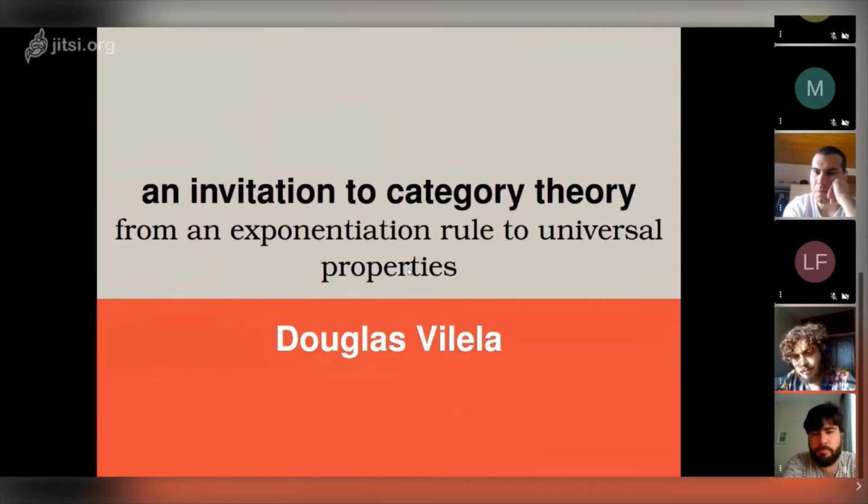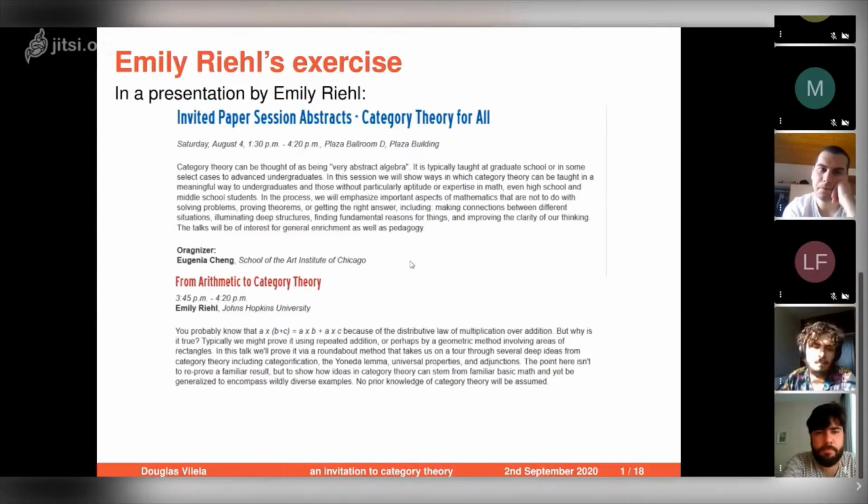And the inspiration for this seminar came from another seminar from Emily Riehl, named From Arithmetic to Category Theory.